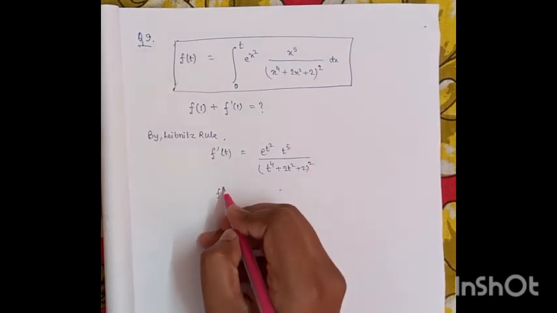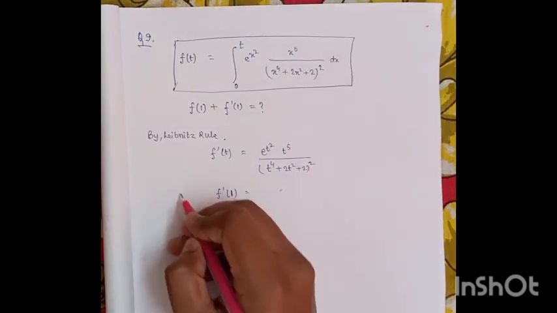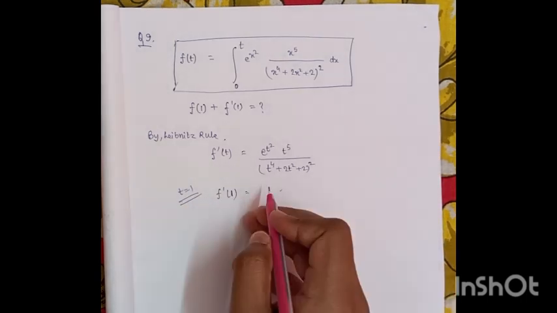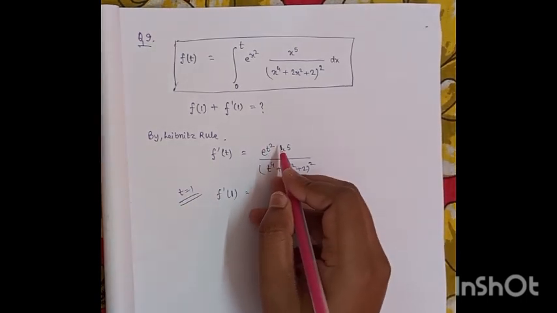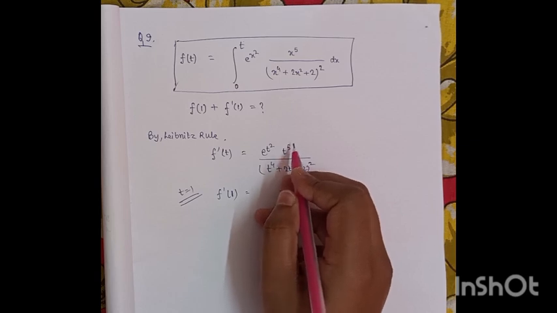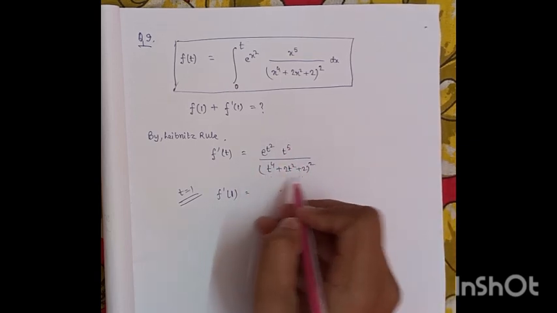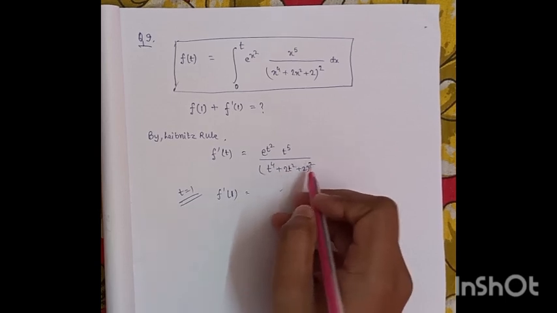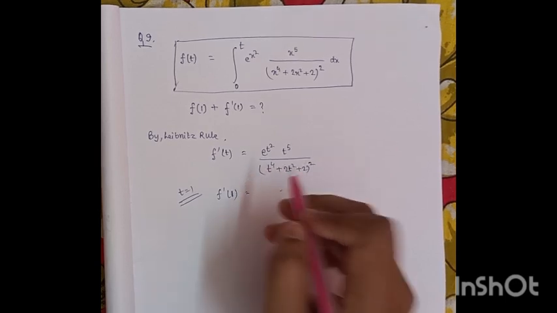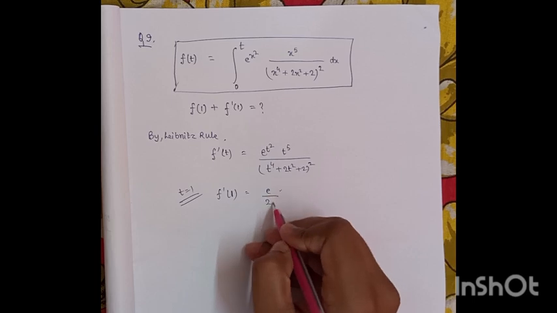So if we put t equal to 1, then f dash 1 comes as e to the power 1, so e into 1 to the power 5, so 1, and here in the denominator 1 plus 2 and whole square of that, so this is basically 25, so it is e over 25.